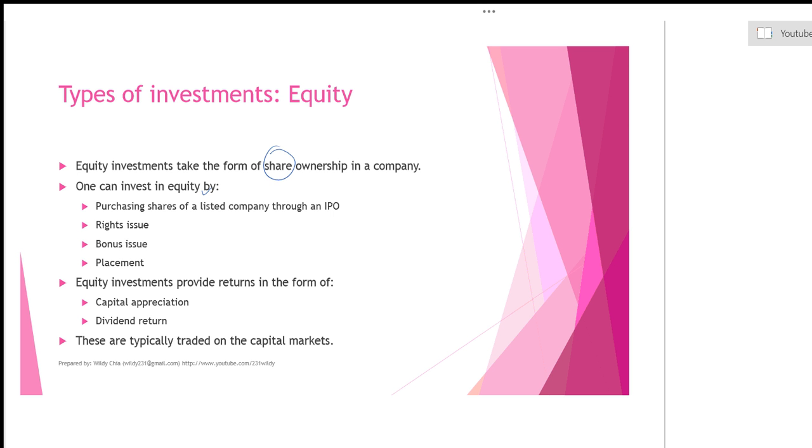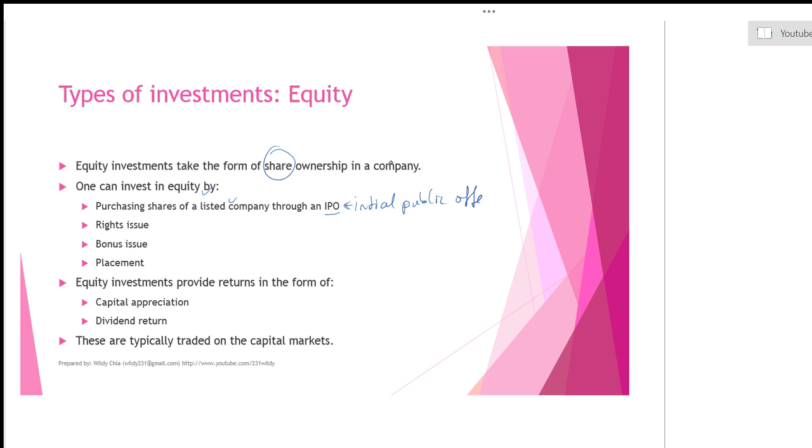So if you are interested to invest in shares of a company, let's say a listed company, it's fairly simple. What you can do is apply for shares that are offered in what you call an initial public offering.